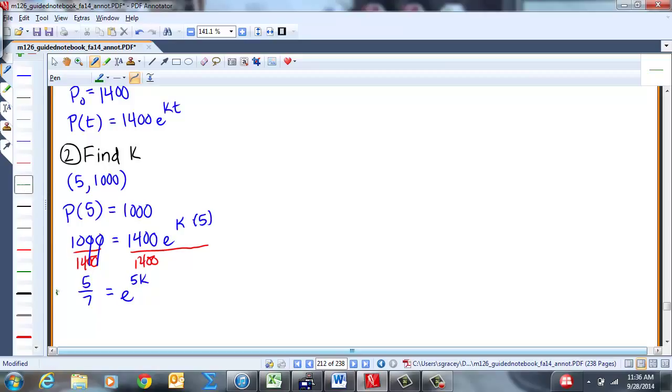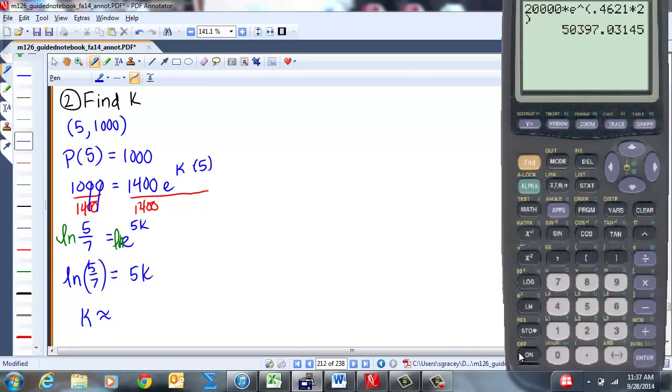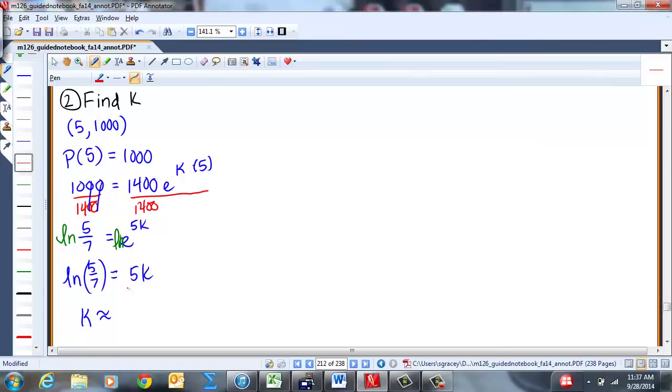And then applying the natural log to both sides, we will have the natural log of 5/7 is equal to 5k. And then k will be approximately, let's see what we have here. So be careful on this guy. Oh, my bad. We have to divide both sides by 5 first, don't we?